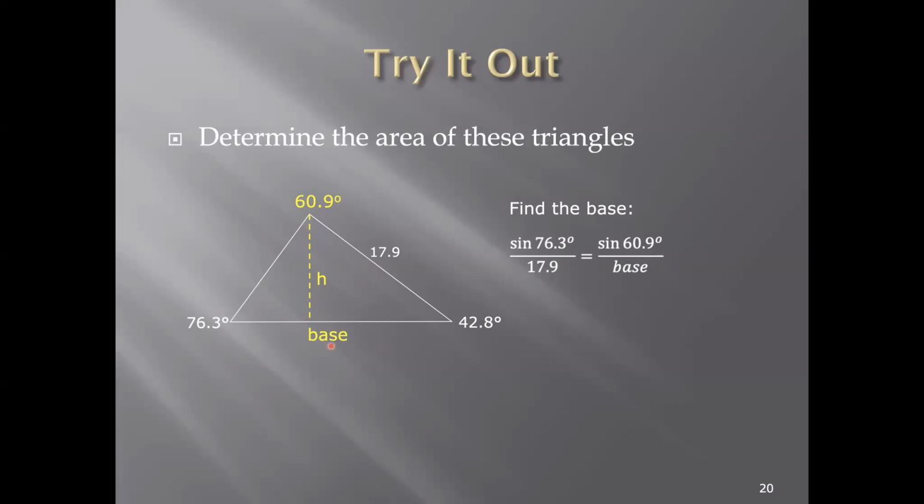Since we want to solve for the base, we now use 60.9 degrees. Therefore, the formula is sine 60.9 degrees all over the base. Simplifying the equation, the base is equal to 17.9 sine 60.9 degrees all over sine 76.3. Therefore, the base is 16.1.